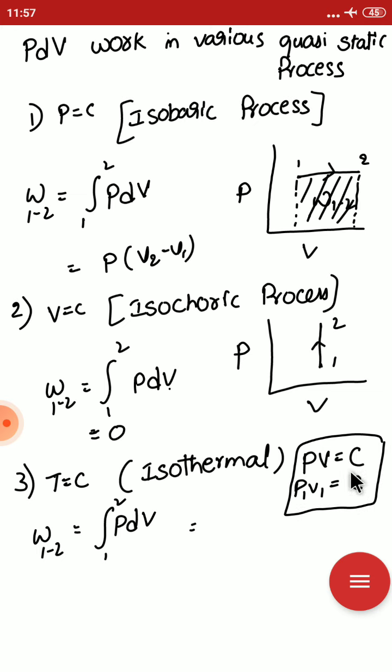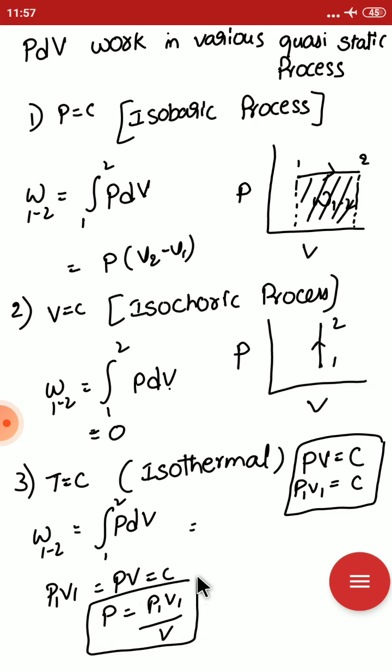From this, P can be written as P1 V1 by V. We substitute this P here: integral from 1 to 2 of P1 V1 by V dV.